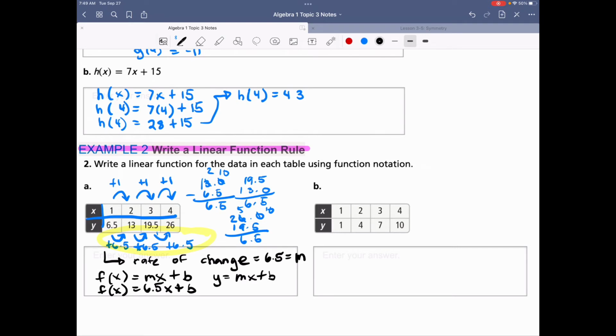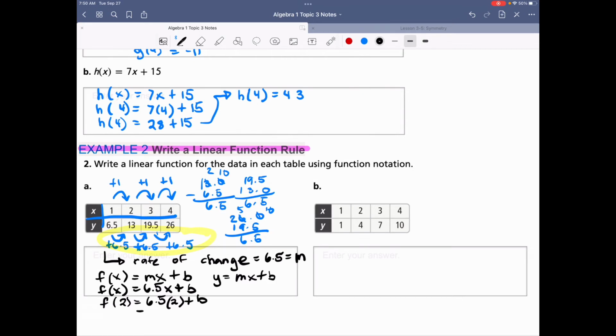We can do this by plugging in one of the x values. So we could take the x value of 2 and input that into our function. So f of 2 equals 6.5 times 2 plus b.